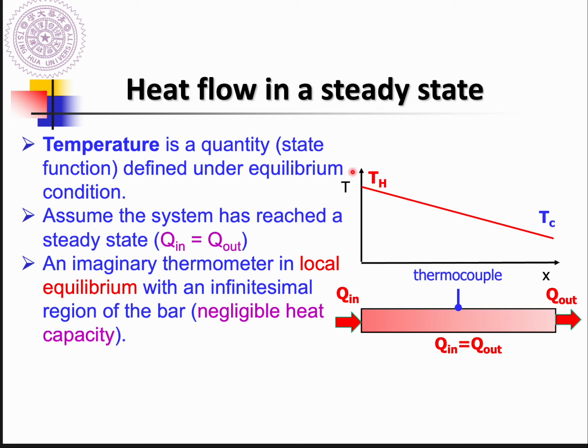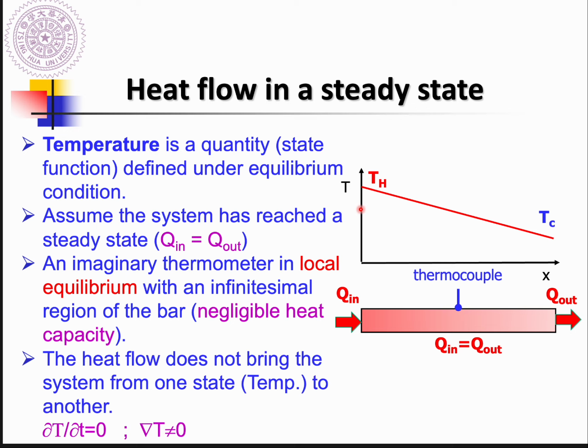The vertical axis represents the temperature, and the horizontal axis means the location. So we are going to have this temperature profile when it reaches steady state, and this temperature profile does not change with time. Under this situation, we will say this is heat flow in steady state.